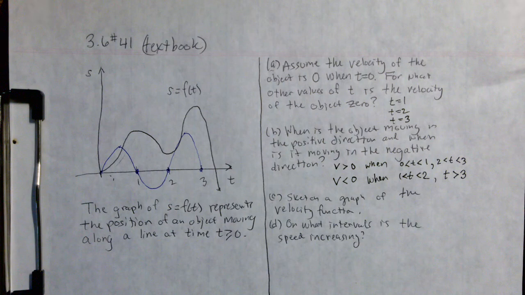The most important thing from my perspective that you should become comfortable with in terms of sketching this is first knowing where the zeros are and knowing where it's positive and negative. If you become comfortable with that part of it, you've gone a long way toward understanding how derivatives should look. There's more to it, of course, but that's a really big part of having a derivative that looks correct for the original function.